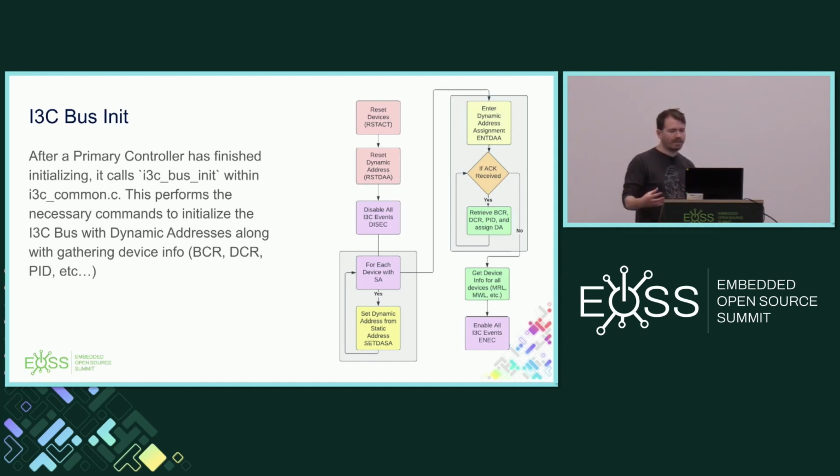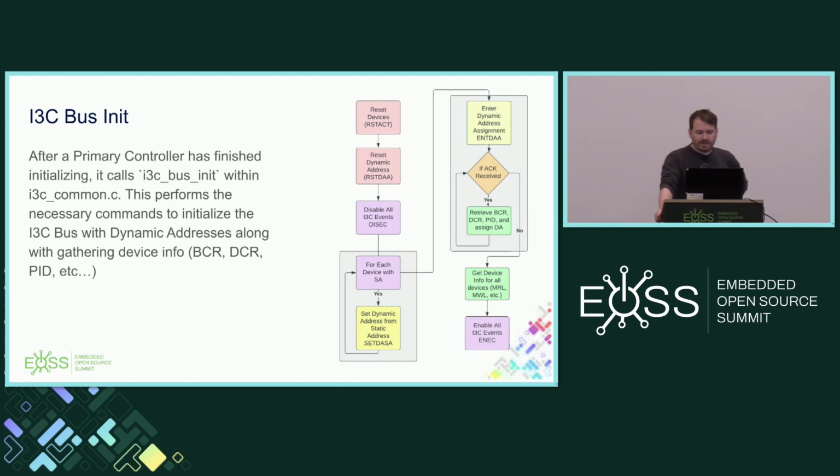There's a common command to do that, as well as resetting the dynamic addresses for everything, so we get everything back to a known state, as well as disabling events. Events are just IBIs. So this makes sure that, okay, I'm about to begin initialization, I want to make sure no one tries to issue IBIs, and it tells all devices to be quiet because I don't want someone trying to interrupt me while I'm performing initialization.